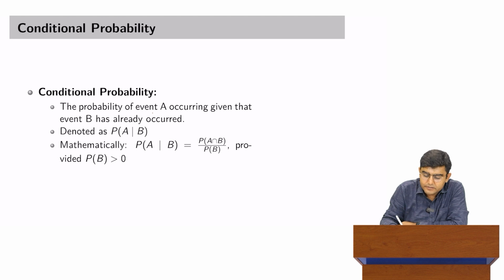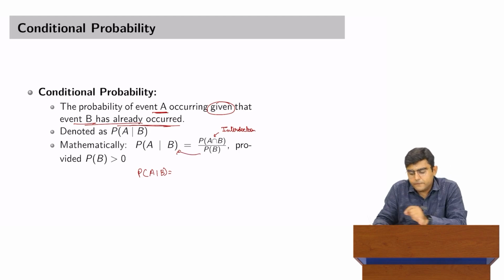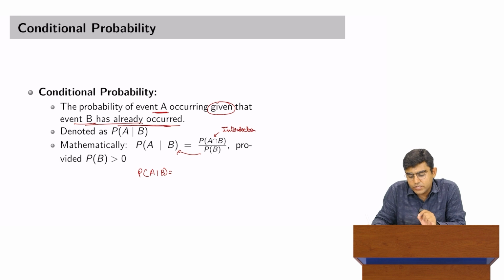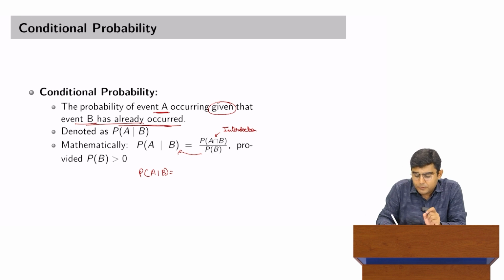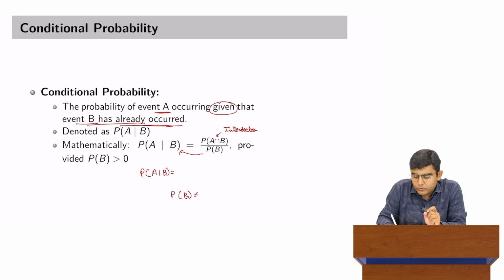It essentially says the probability of event A, given that event B has already occurred. We often represent it as probability of A given B. Mathematically, probability of A given B is equal to the probability of the intersection of A and B divided by probability of B. If you see what this is doing, we know that the probability of any event is less than or equal to 1.